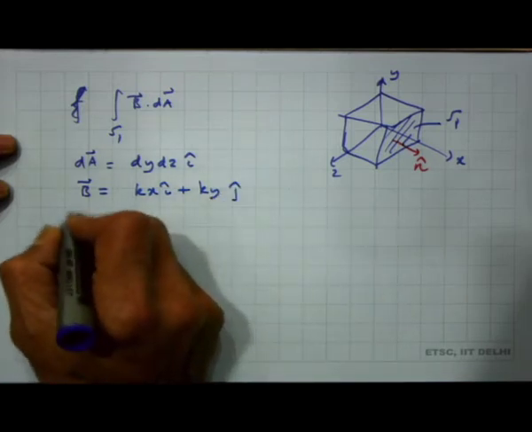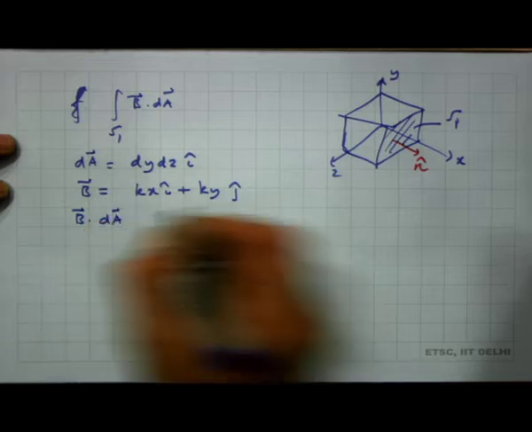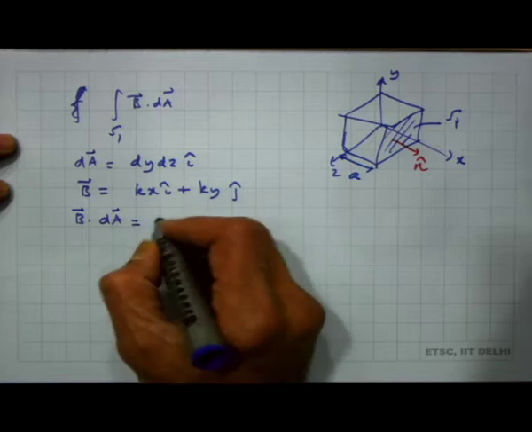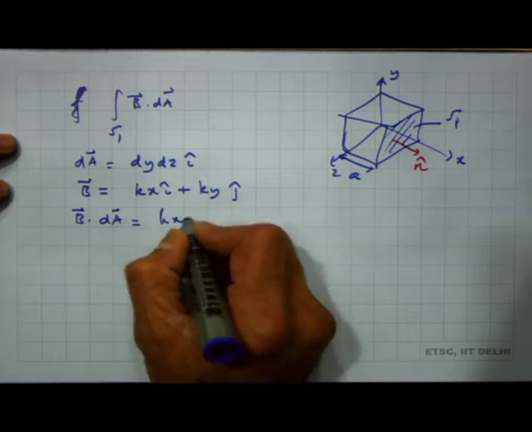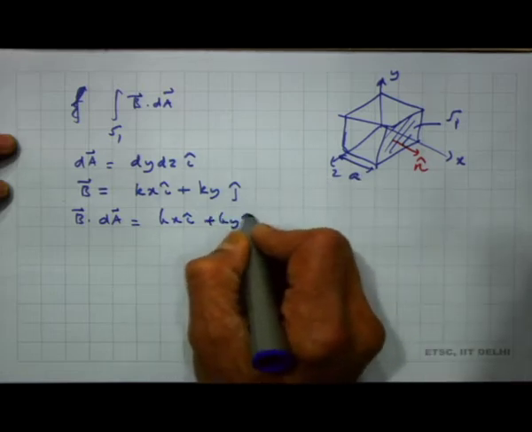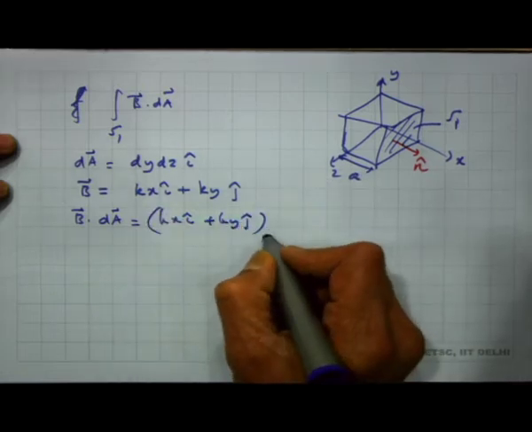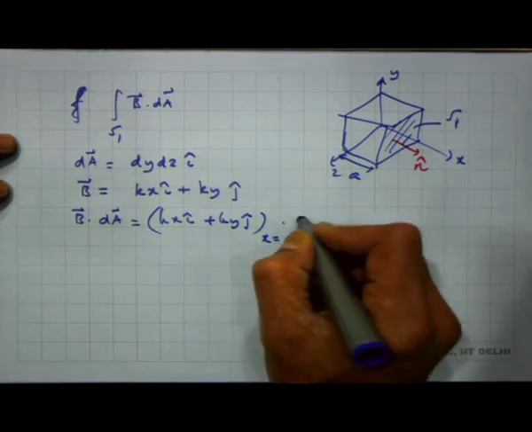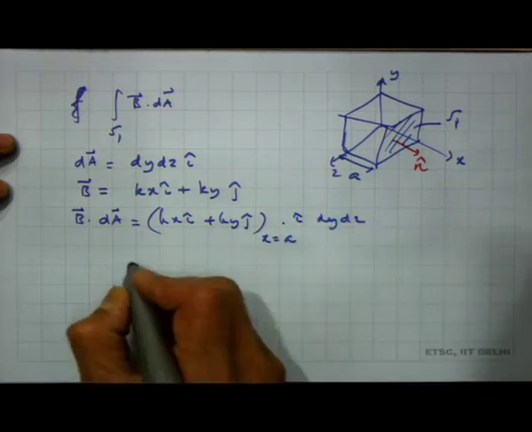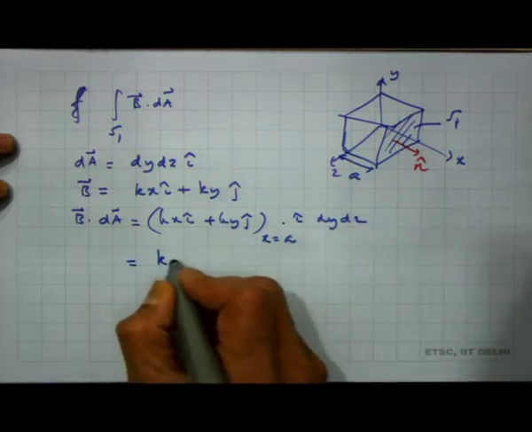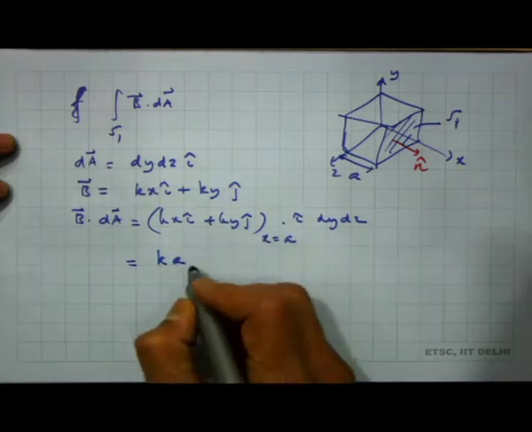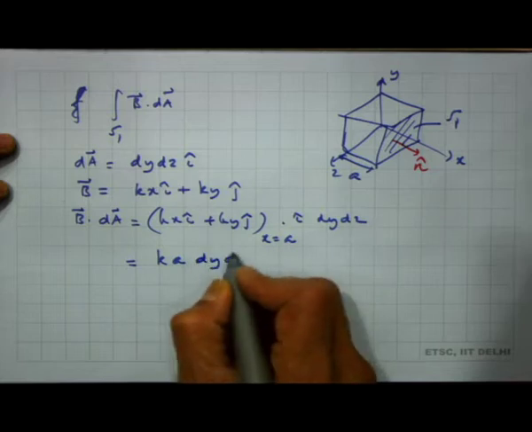So, B dot dA on this surface, where this distance is A, is equal to k x i plus k y j at x is equal to A, dotted with i dy dz. So, this is nothing but k A, as I have to substitute x is equal to A, and j dot i is 0. So, k A dy dz.